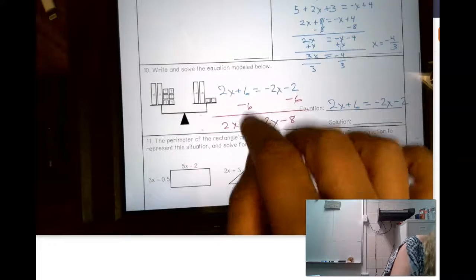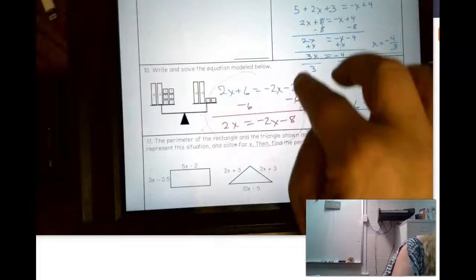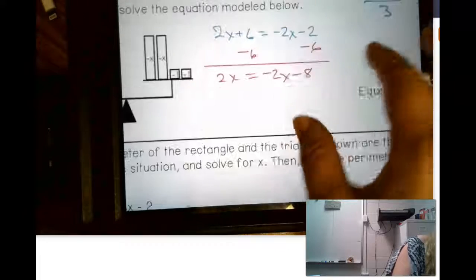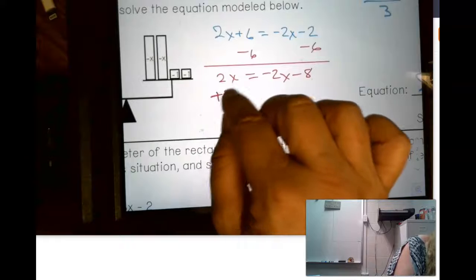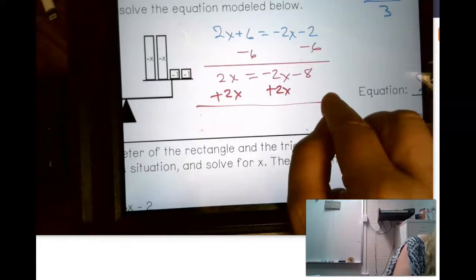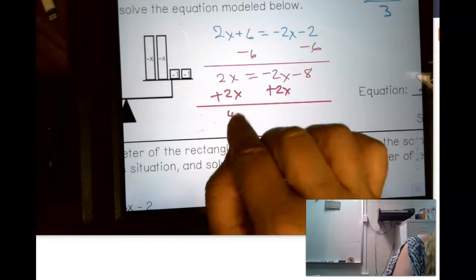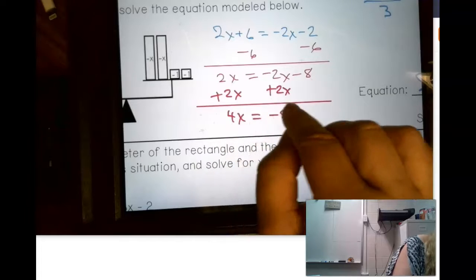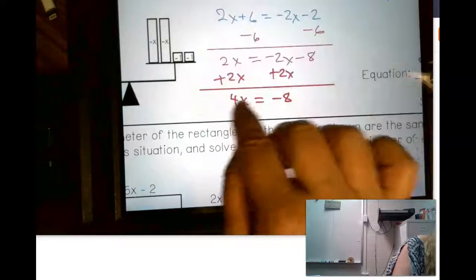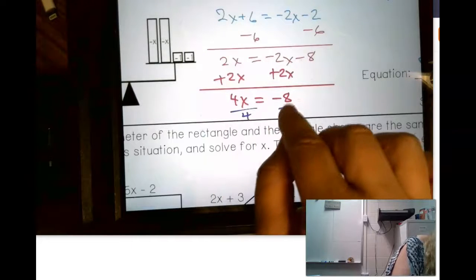I'm going to add 2x to both sides. And that will give me 4x equals negative 8. And then dividing by 4, I get x equals negative 2.